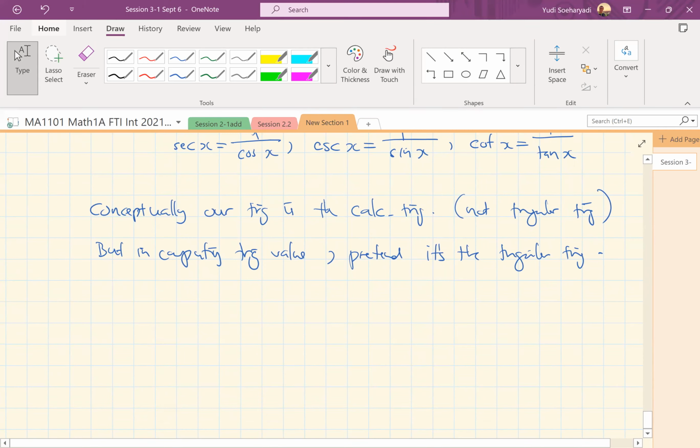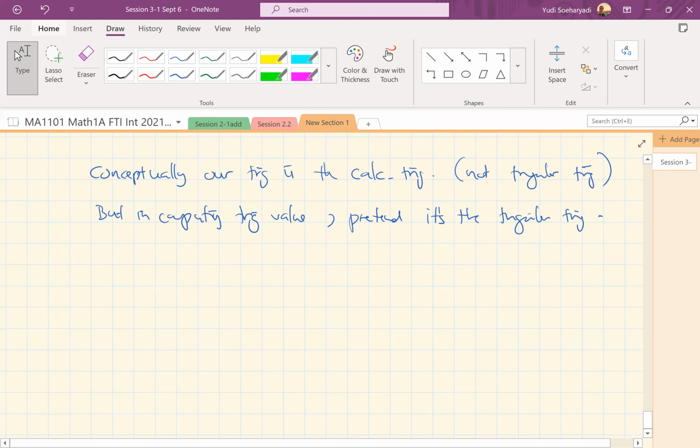Remember that your calculator can work in radian or in degree, and that's in your triangular trig.